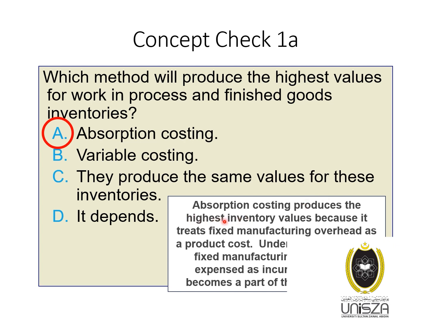Why? Absorption costing produces the highest inventory values because it treats fixed manufacturing overhead as a product cost. Whereas under the variable costing, fixed manufacturing overhead is expensed as incurred and never becomes part of the product cost.